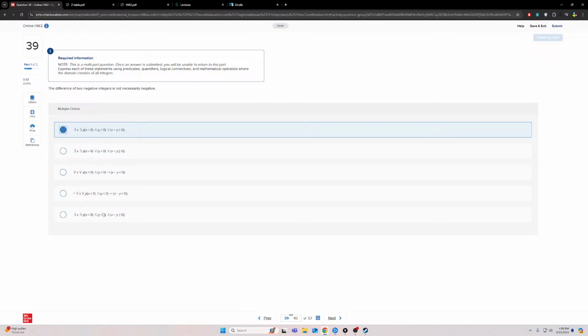There exist negative values where for all those, there exist negative values and the difference of those values are negative or equal to 0, which still can't be true. That's so annoying. So it has to be one of these two, but it doesn't sound right either.